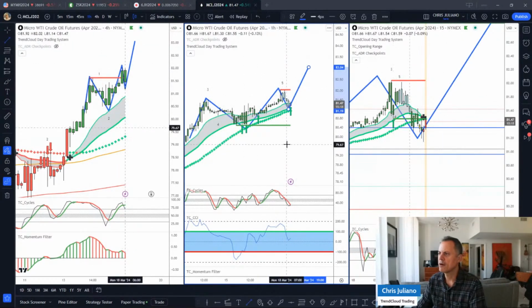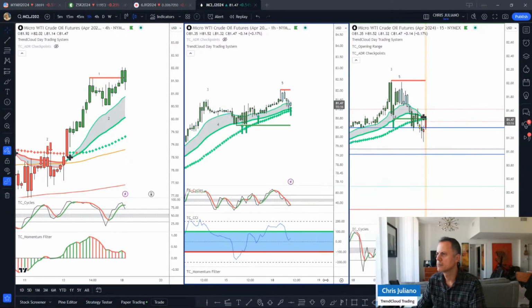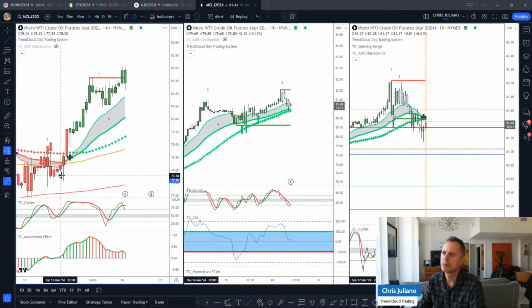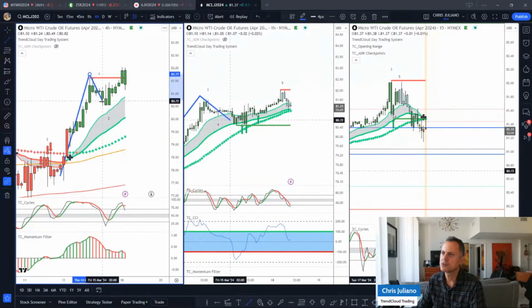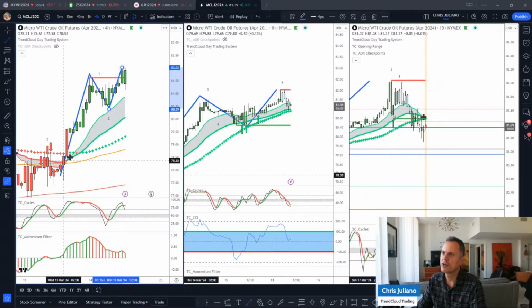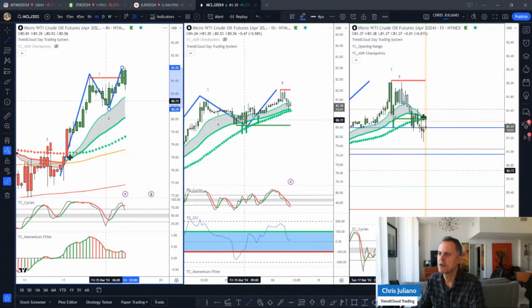That's the story on the middle chart. What's the story on the high time frame? Break above, pulls back into trend cloud, make another move up. So we've got 2 time frames here where the story is continue the move up.